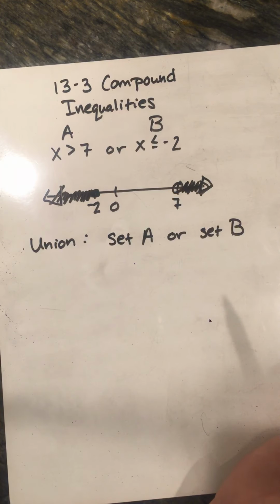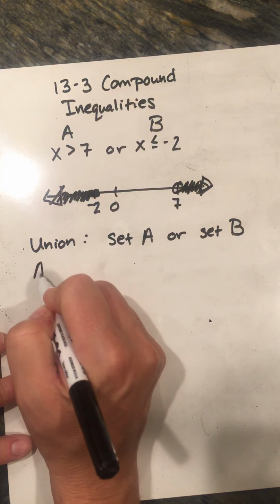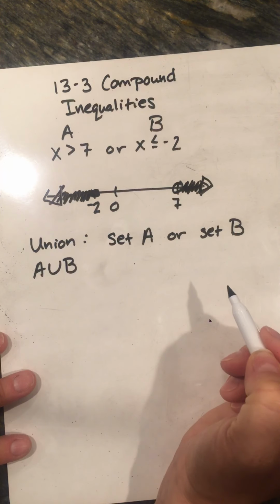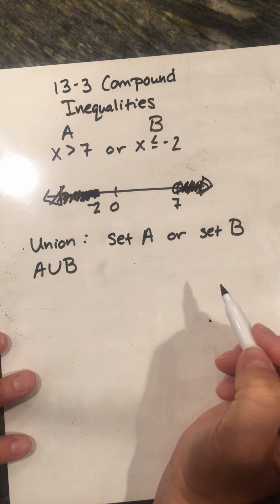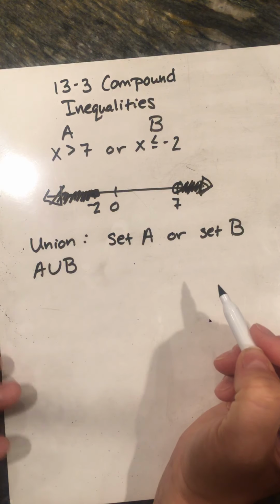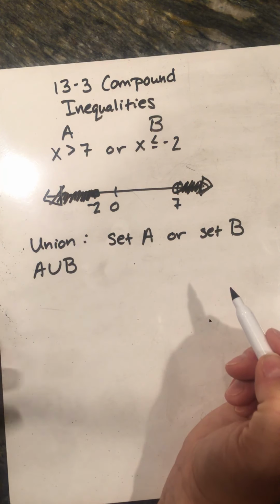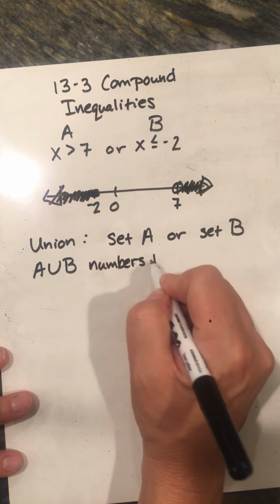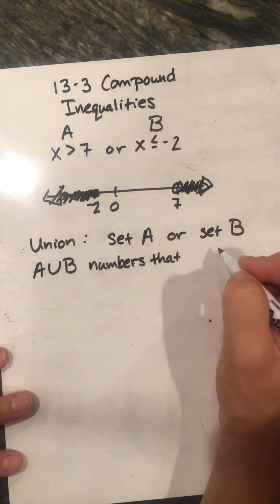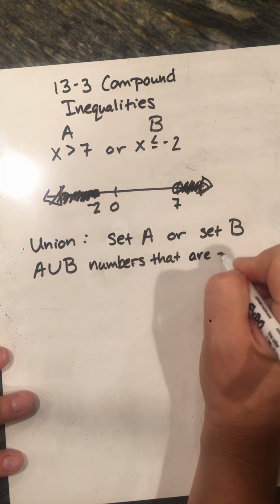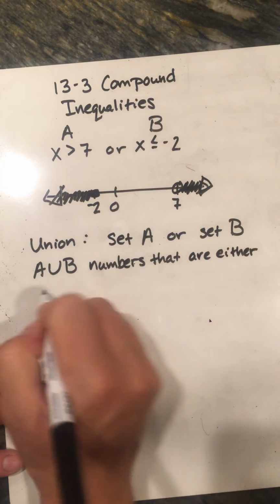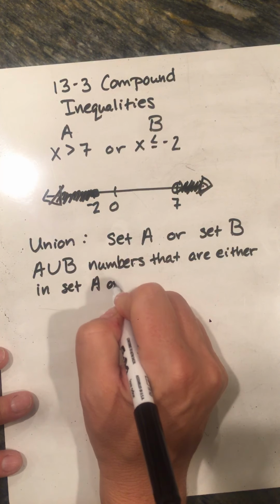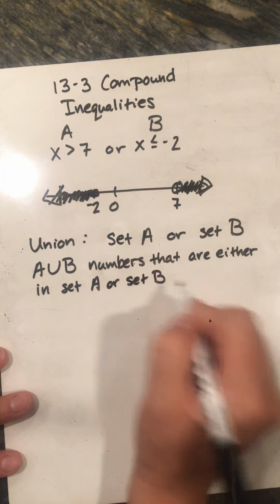So the union is abbreviated A union, it's like a U, B. And it is numbers, I guess, for now, but they can be other things. So numbers that are either in set A or set B. So they can fall in either one.